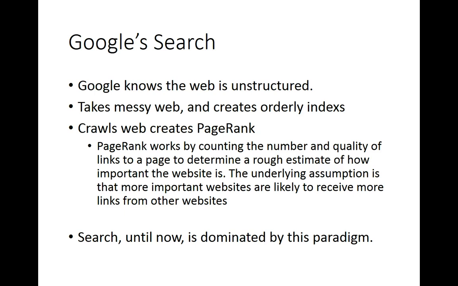So search, until I would say the past year or two, maybe 3 to 5 years, depending on who you're talking to, was really dominated by this paradigm. When you think search, you think Google. And when you think access, you think Google. When people think about optimizing their digital library, we want a Google-like interface.